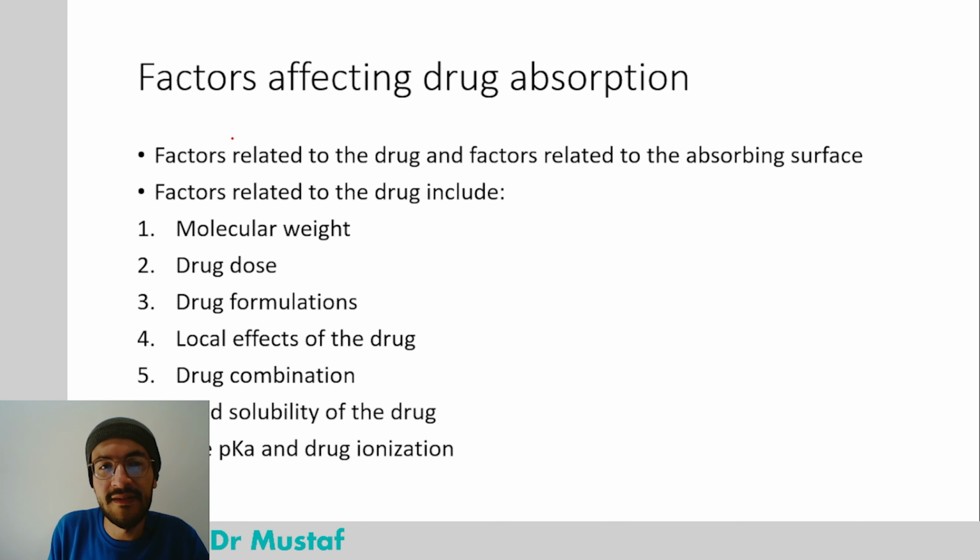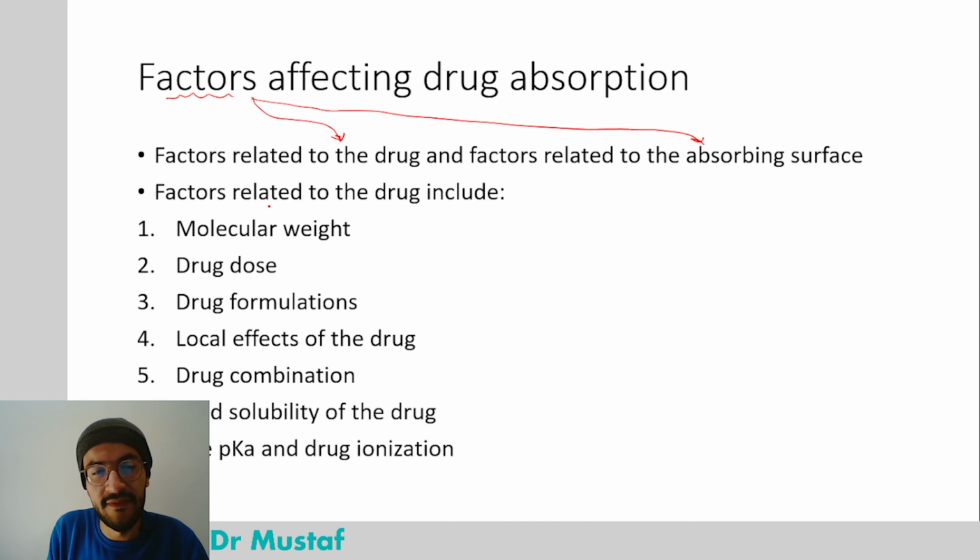So now let's talk about the factors that are affecting the drug absorption. We have two types of factors affecting drug absorption: factors related to the drug itself and factors related to the absorbing surface. With the factors related to the drug itself, we have the molecular weight.